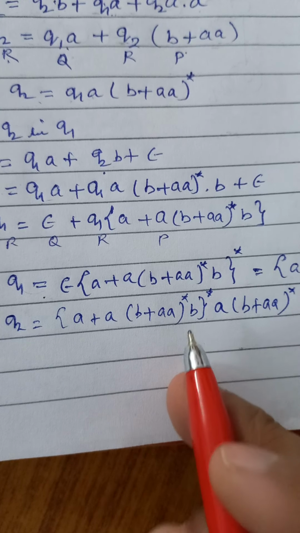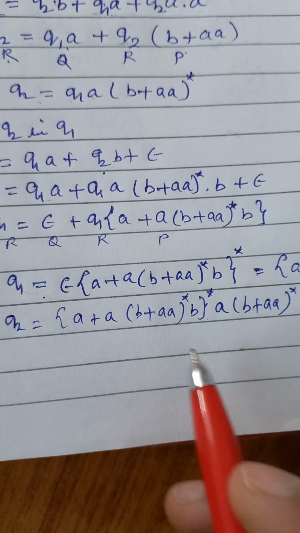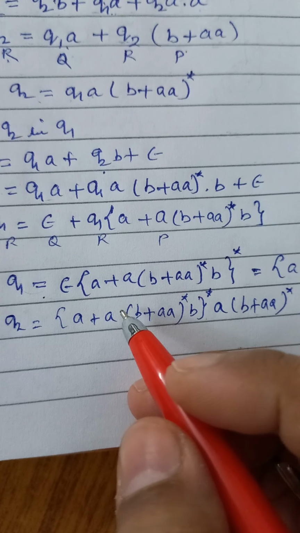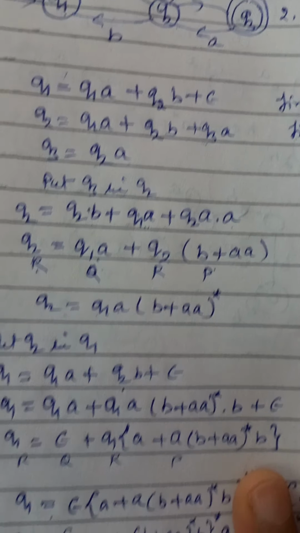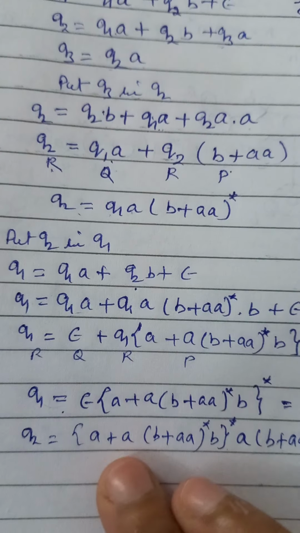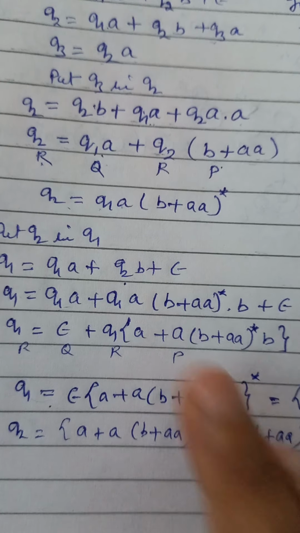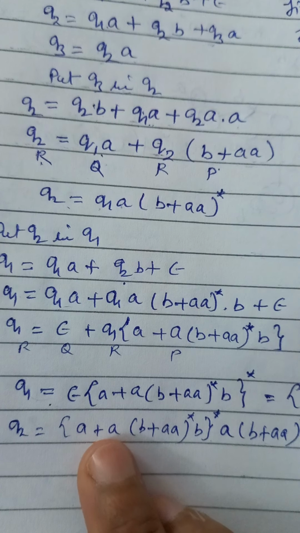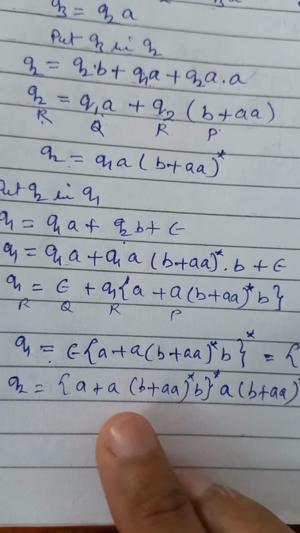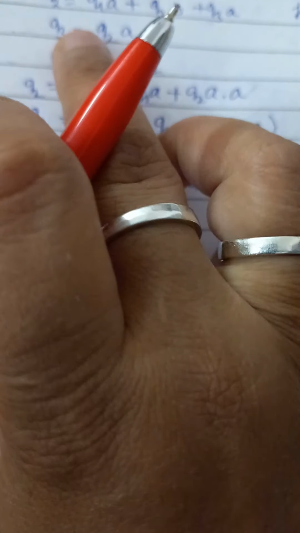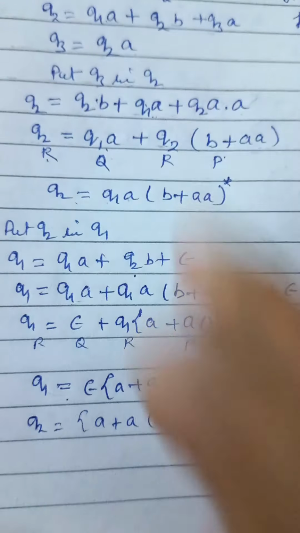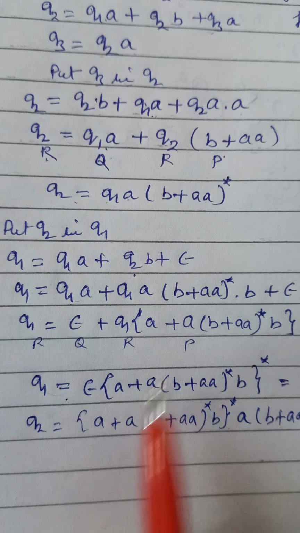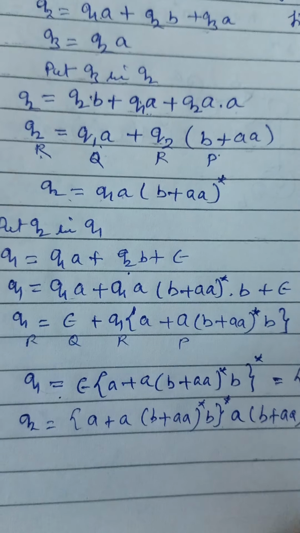Now we can put q2 into q3, because we need the final state q3. So first we get the q1 value from Arden's theorem. Then after putting that q1 value into q2, we get the q2 value. Now by putting the q2 value in q3, because q3 is equal to q2a, we will get q3.